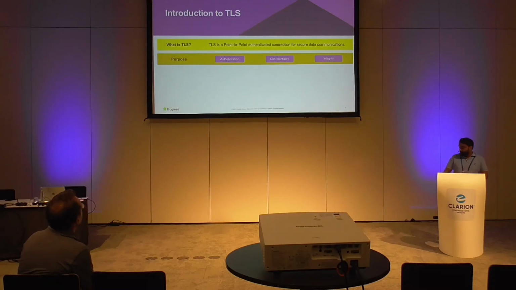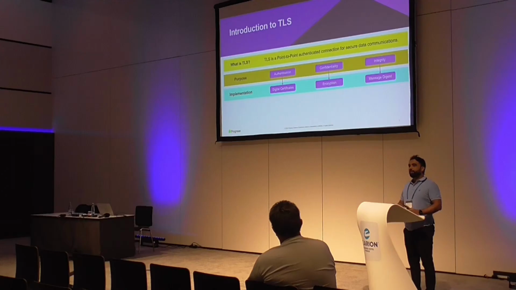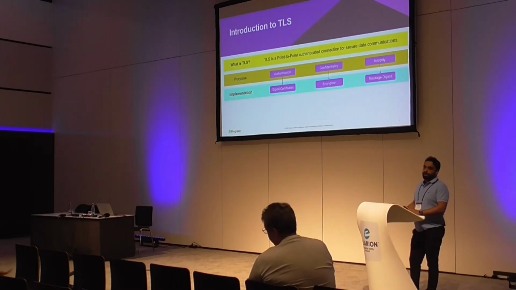Okay. So how are these three things implemented? For authentication, it uses digital certificates. During the TLS handshake between client and server, the server will present its certificate to the client, and the client will check the authenticity of those certificates. Similarly, for confidentiality, it uses an encryption algorithm.